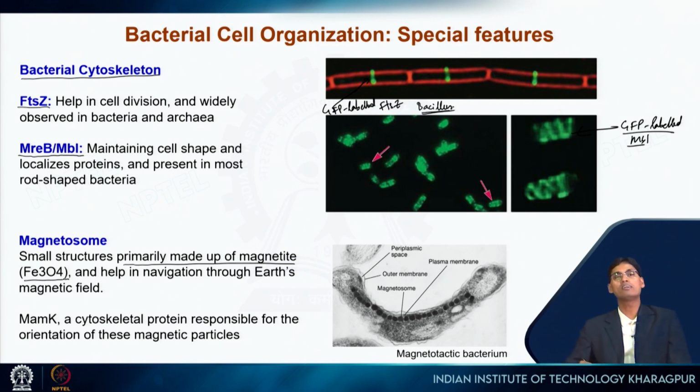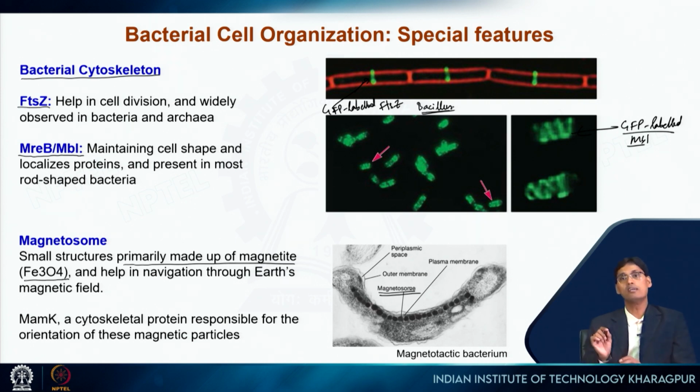Many animals, particularly some birds, dolphins, and fish like tuna, have some kind of magnetic setup built into their head, and accordingly they align with the magnetic pole and can migrate from one place to another. Similarly, some bacteria have this kind of magnetosome, and that helps them align and move through the Earth's magnetic field. It's very interesting.